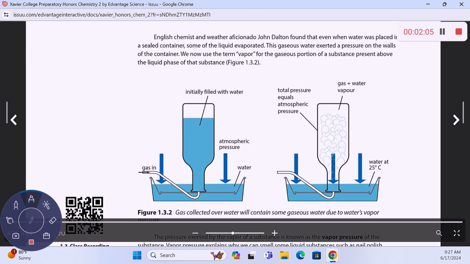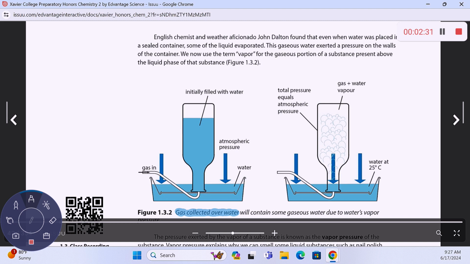So anytime we collect a gas over water, since we actually know the amount of water vapor or the vapor pressure that would accumulate above liquid water under these conditions at various temperatures, we can use that as a reference value, and then we can collect a gas over water.